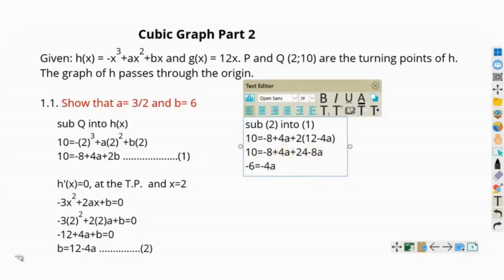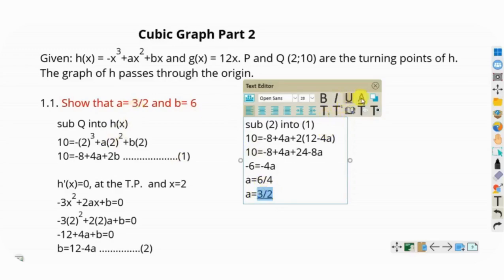Okay, so I divide both sides by negative 4, this is the same as a is 6 divided by 4, because they are both negative, the negatives cancel out. When I simplify this, they are both divisible by 2, so 6 divided by 2 is 3, and 4 divided by 2 is 2. So a is 3 over 2.